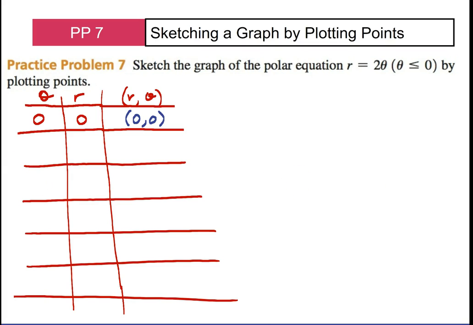Alright, so here's a few things I've got to think about. Sometimes what the book does, it goes by pi over 2. If you want to get a little bit more precise graph, you can go by pi over 6. That's fine. Some books make you do every single coordinate from that previous unit circle that we just did.